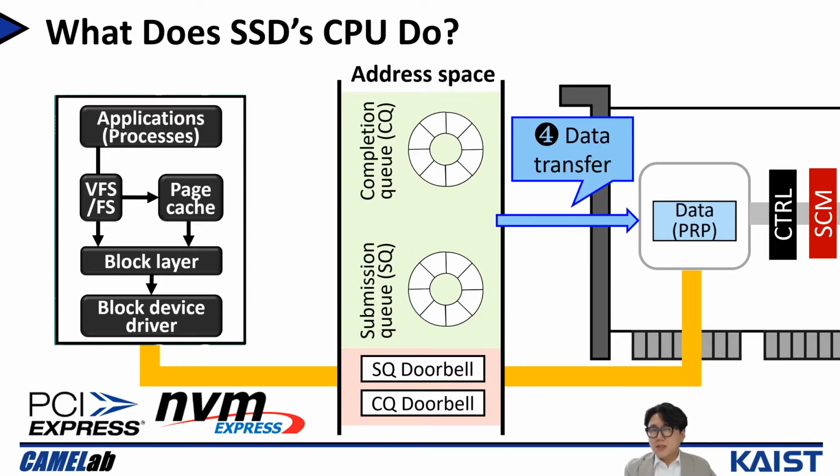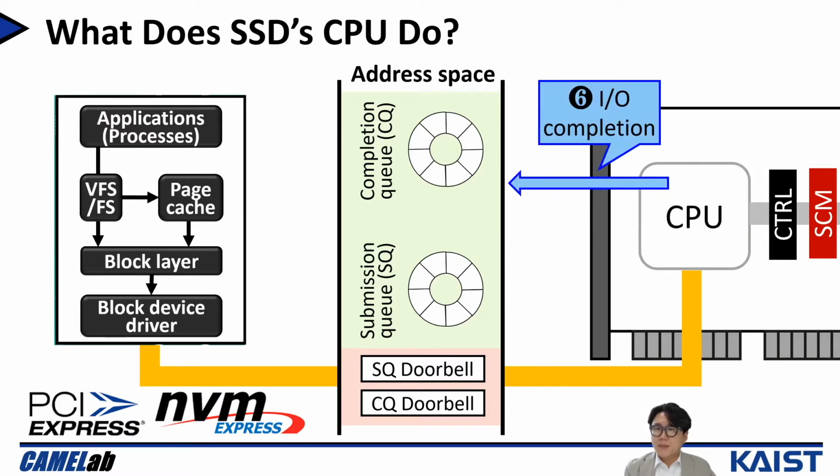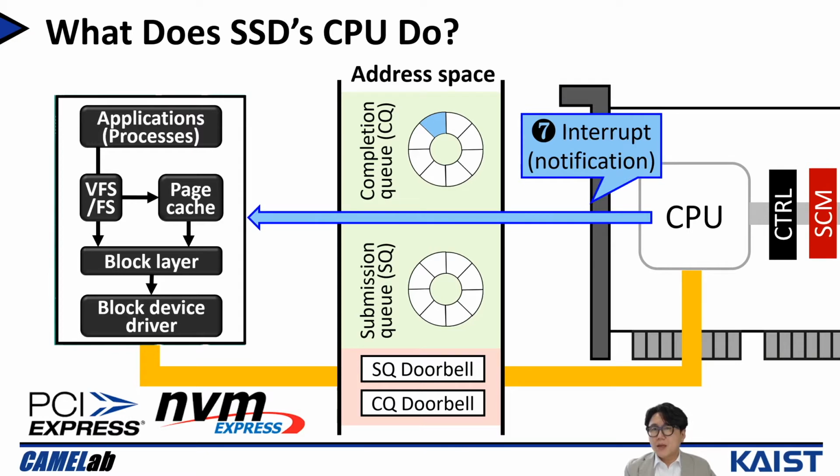Then the processor decodes the PRP and performs data transfer in an active manner from the host side to the storage side. After transferring the data, the embedded processor processes the I/O request to the underlying storage media. Once it has been done, the storage side processor is required to issue the completion command to the completion queue. To let the host know about the completion queue update, it should signal an interrupt over the PCI path.